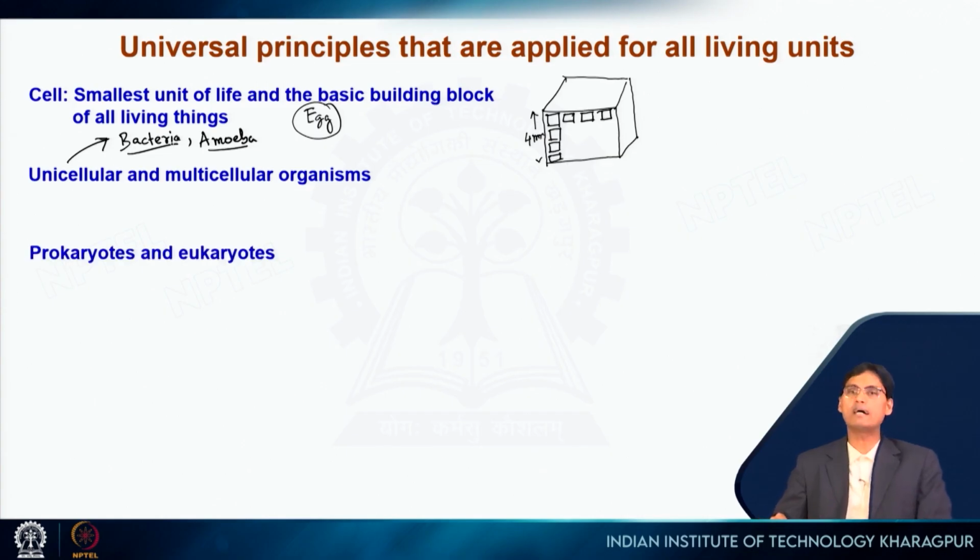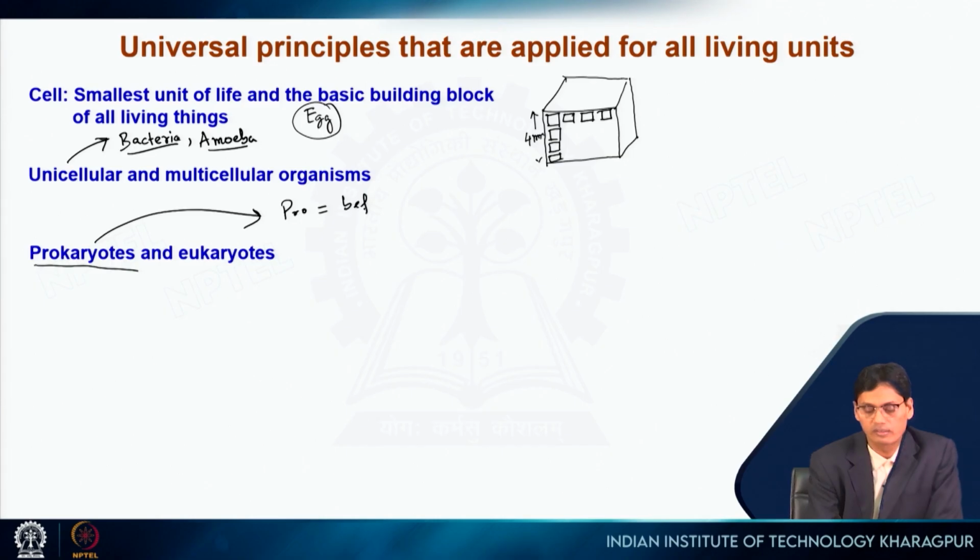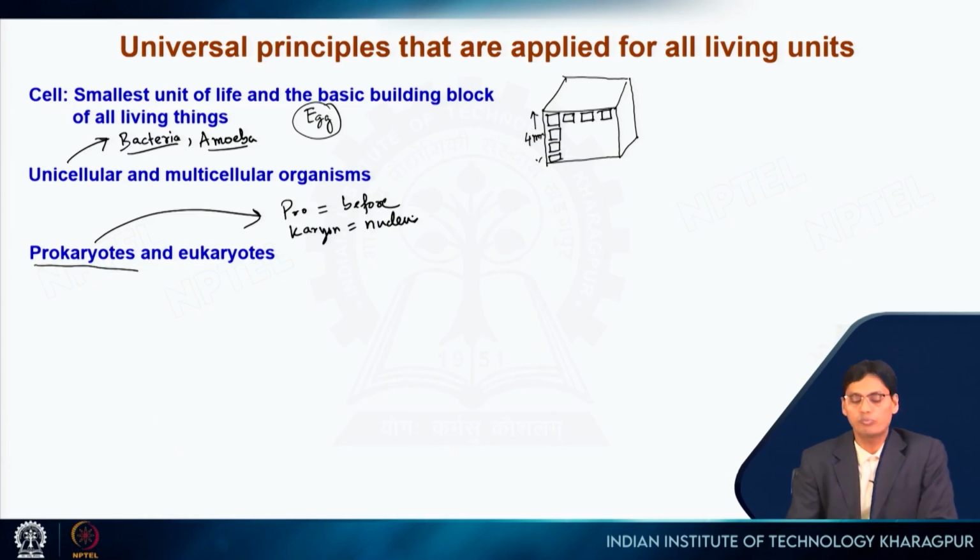And then we have prokaryote and eukaryote. Prokaryote means, pro means before, and karyon means nucleus. So prokaryote means before nucleus. And what is the example?